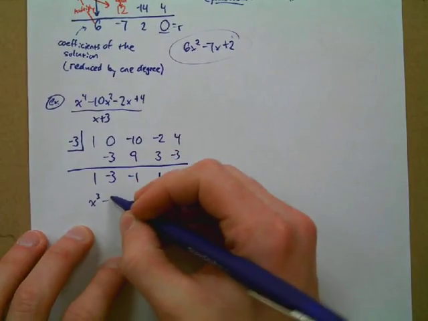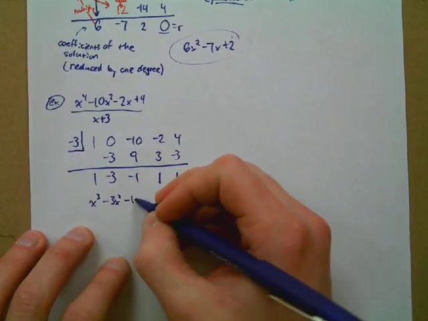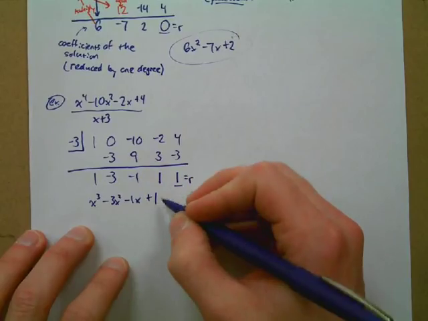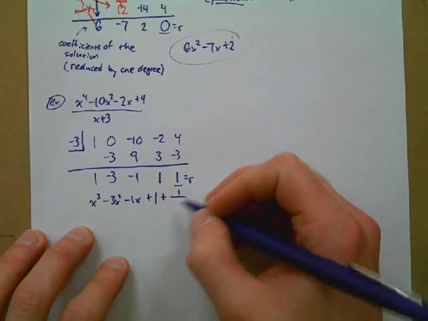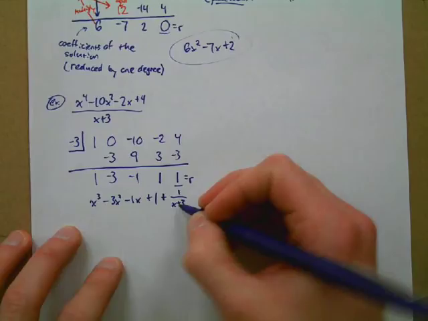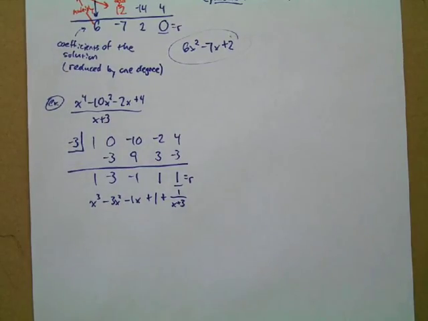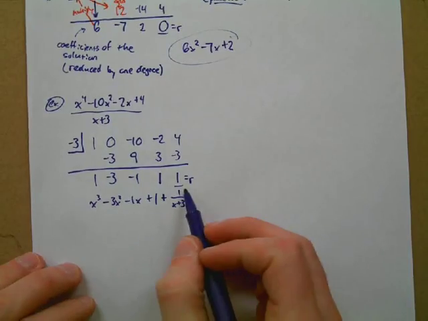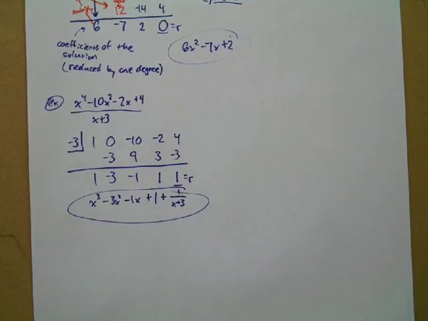Alright, so here's one for you to try. Simplify 2x to the 4th plus 7x cubed minus 4x squared minus 27x minus 18 divided by x minus 2.